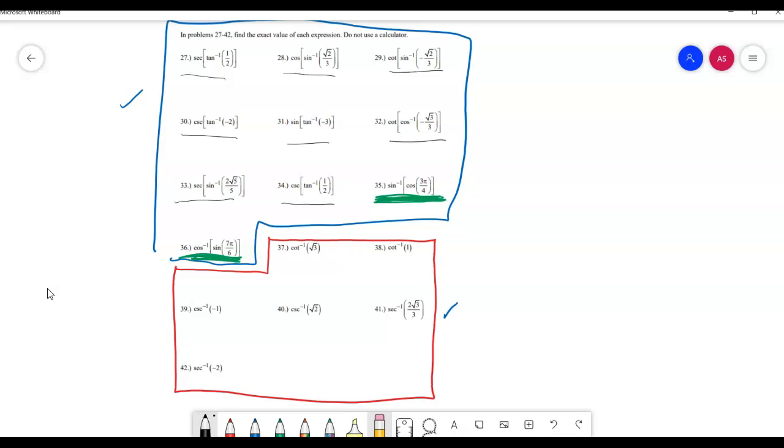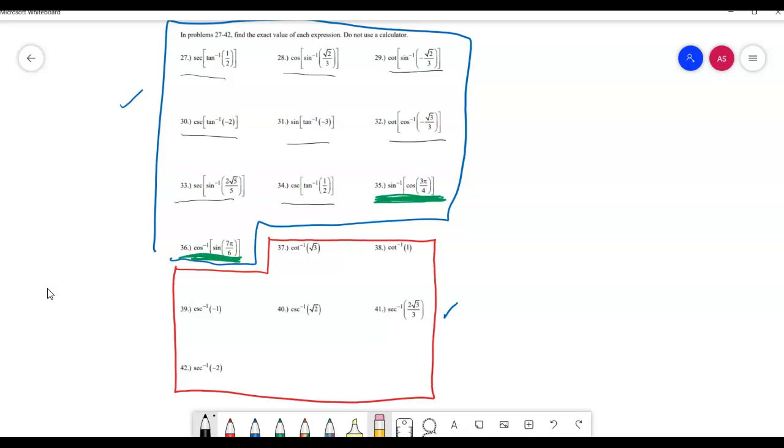So there's that logic going on. So we have 27 through 34 are basically one type of problem. Find X, find Y, find R, and then find secant of theta, find cosine of theta, find cotangent of theta. So I'll work a couple of those. I'll go ahead and blast through 35 and 36.